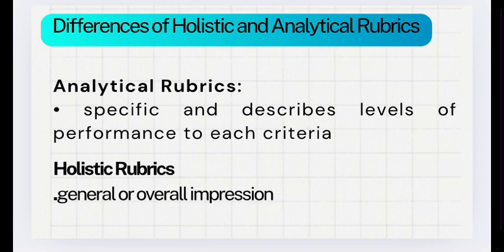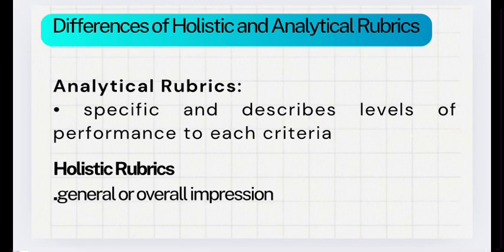The analytical rubric is specific and describes the level of performance for each criterion, while the holistic rubric is a general or overall impression. Meaning when we say holistic, when you have no time and there are many students to be given scores, holistic is ideal. Because the basis here is overall, it shows the overall weaknesses and strengths of the student.